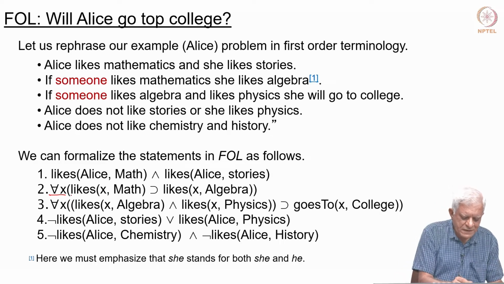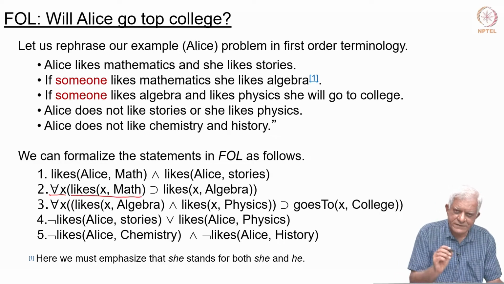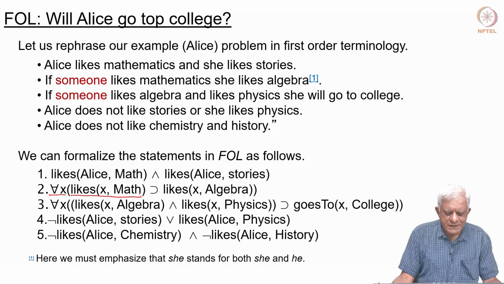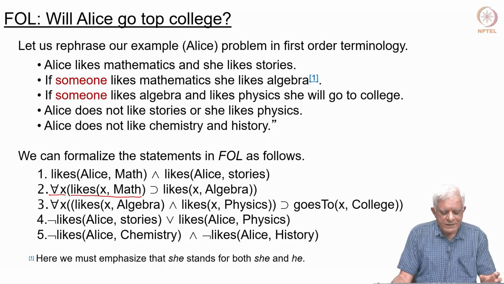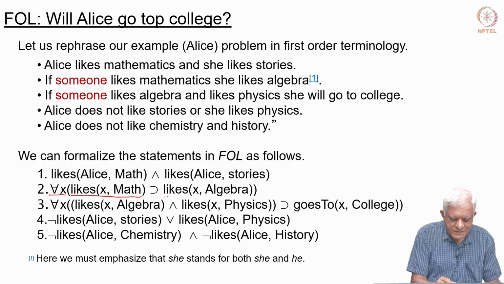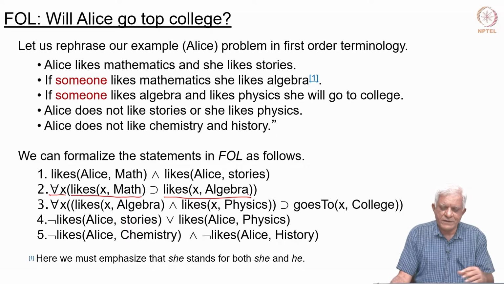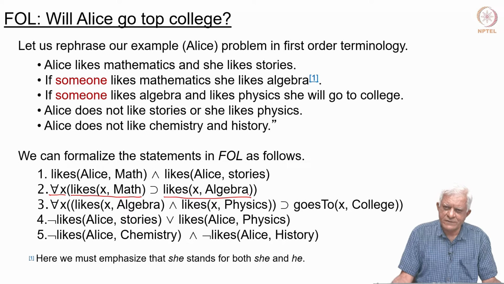So, likes x math is an atomic formula. It is not a sentence because it has got a variable in it, and likes x algebra is also an atomic formula. And when we put this logical connective implication between them, we get a formula which says likes x math implies likes x algebra.